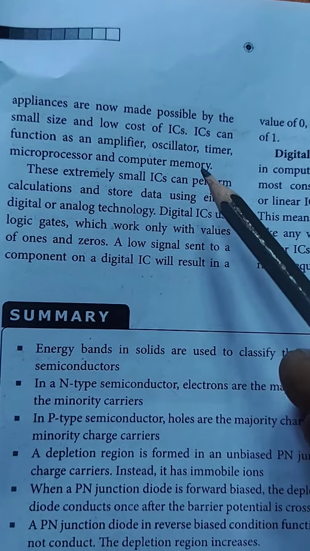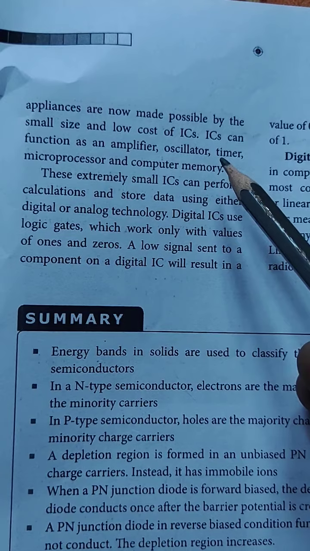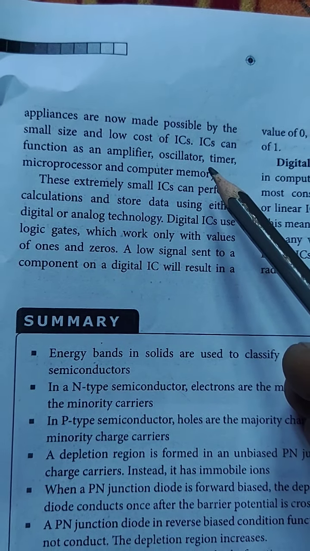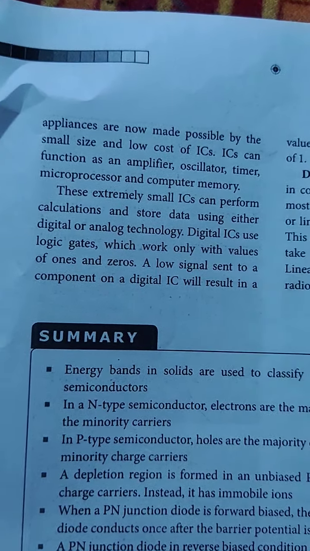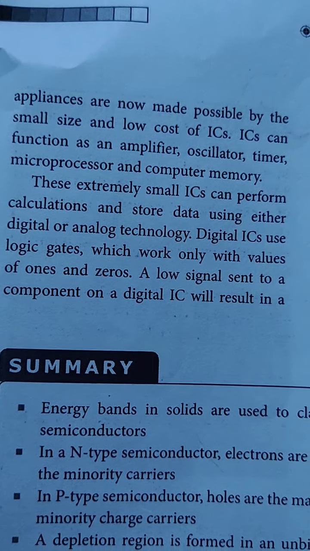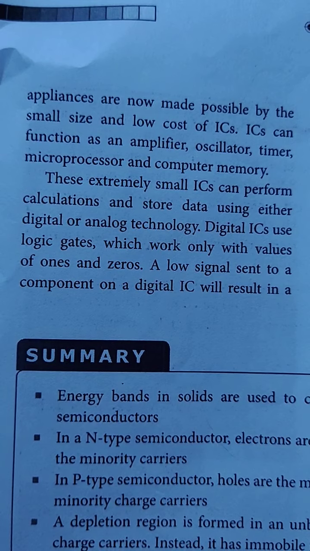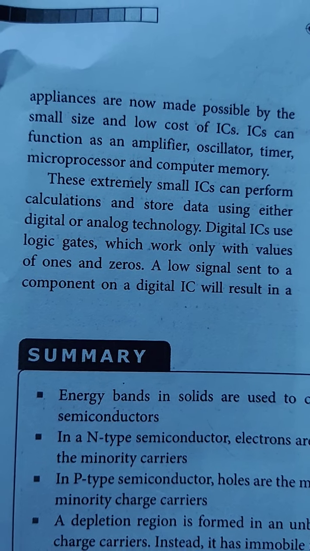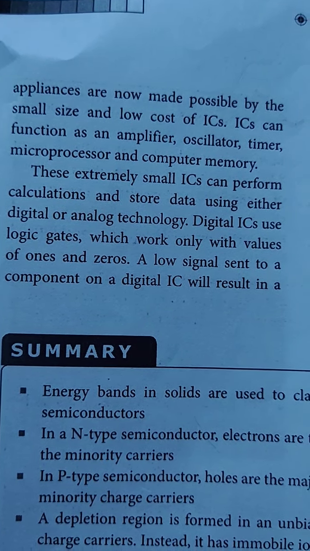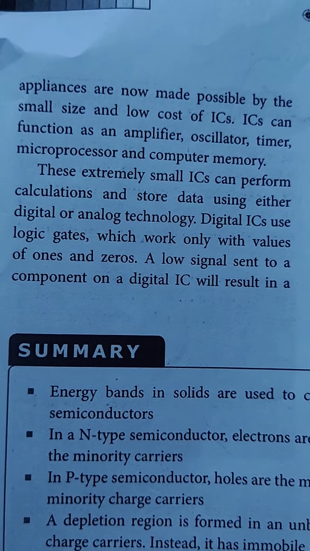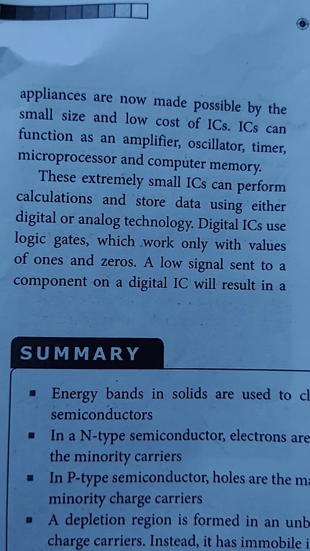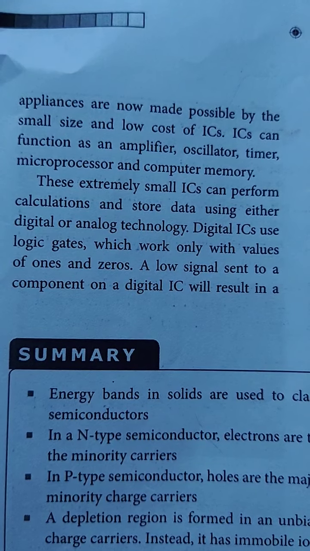Appliances are now made possible by the small size and low cost of ICs. We know that an IC can function as an amplifier, oscillator, timer, in microprocessors, and in computer memory. Extremely small ICs can perform calculations and store data using either digital or analog technology.